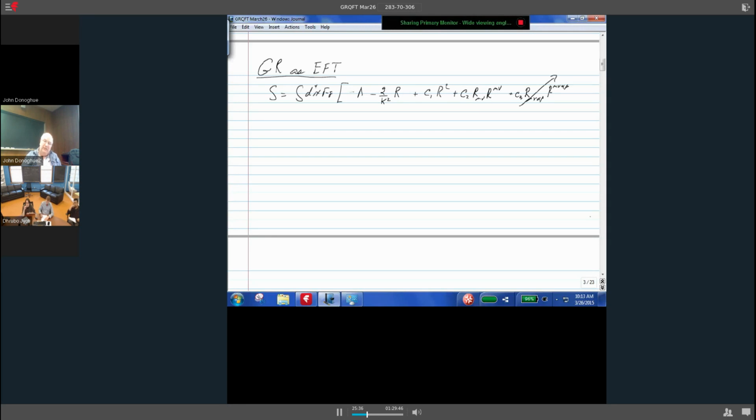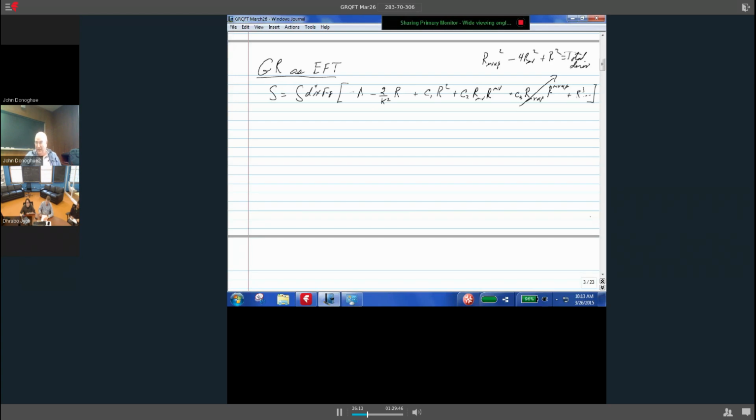You might try thinking that there's also a Riemann tensor squared term, R_alpha beta mu nu squared. This guy's redundant because there's this Gauss-Bonnet identity, which I told you about, which relates it to R squared and R_mu nu squared plus a total derivative.